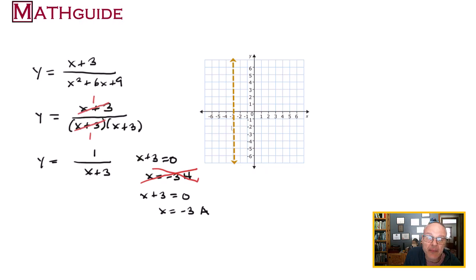That's a little tricky. But when you consider what the graph looks like, it kind of does make sense. So now we know that there is a vertical asymptote at x equals -3. We also know that the denominator has a greater degree than the numerator. So we've got now a horizontal asymptote, another asymptote, but it's horizontal at y equals 0.